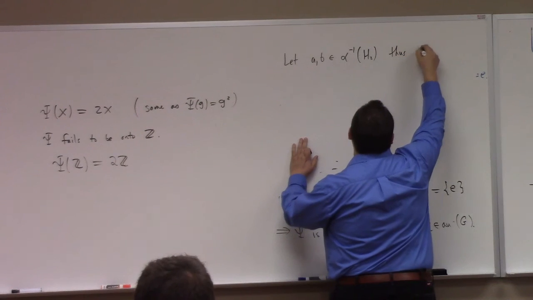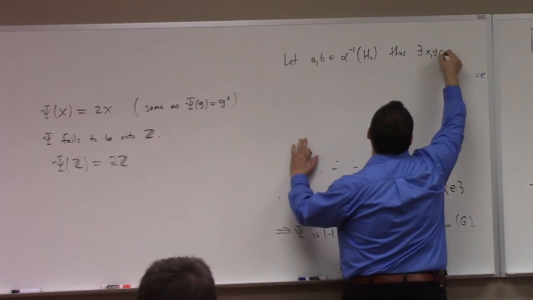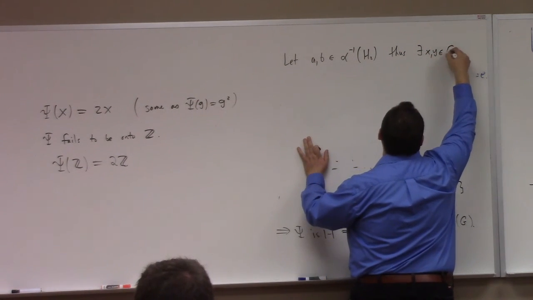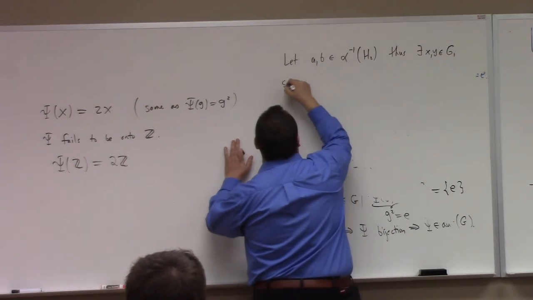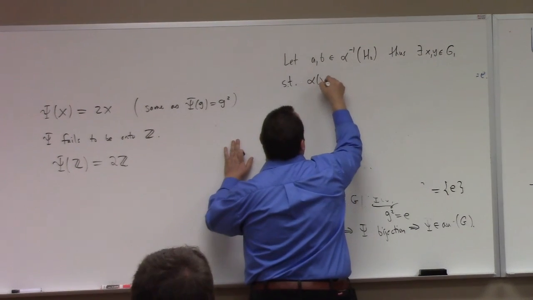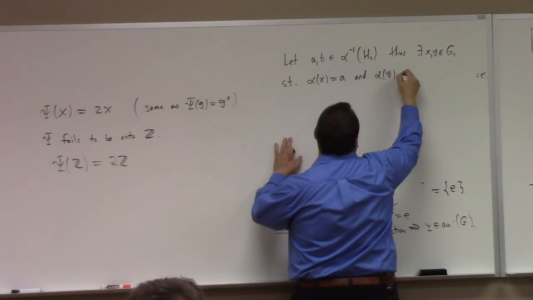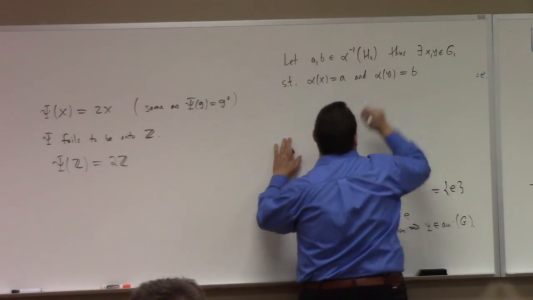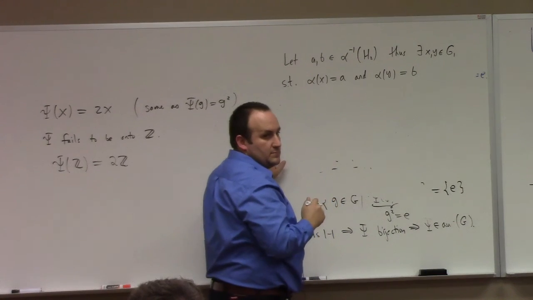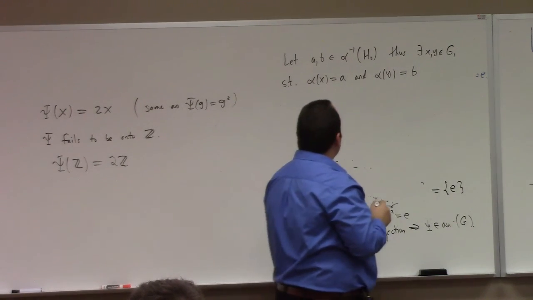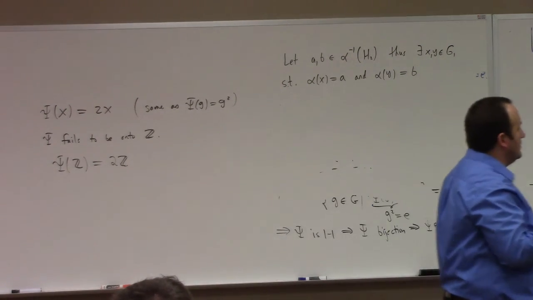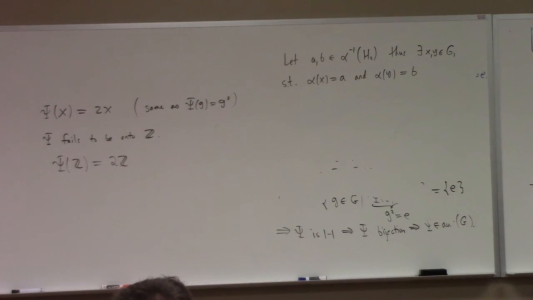Thus, there exist x and y in G1 such that alpha of x equals A and alpha of y equals B. Did I do it wrong? Yeah, because A and B are in G1, x and y should be in H2. Oh, I'm sorry, I got it backwards, didn't I?